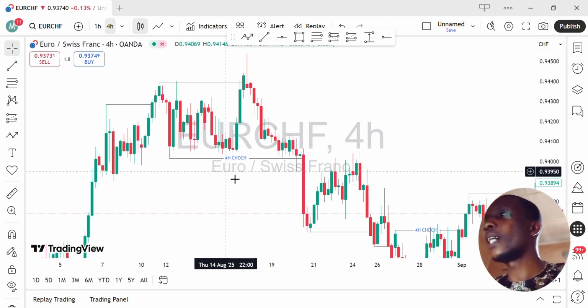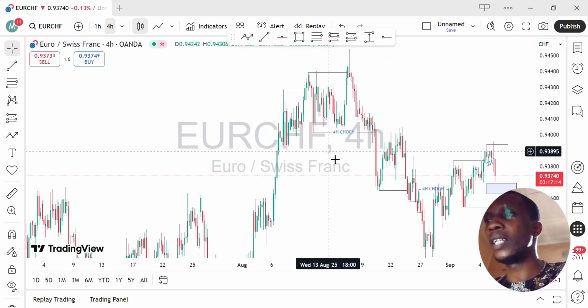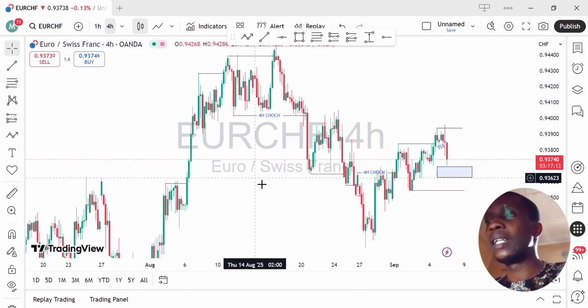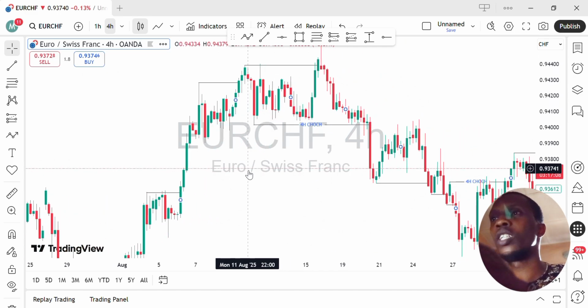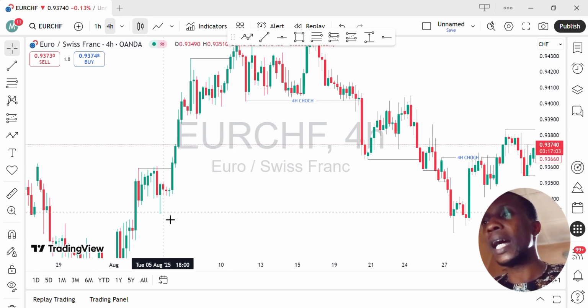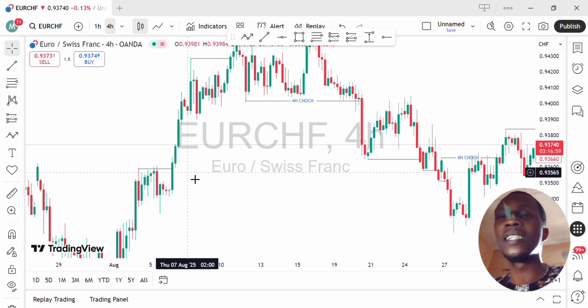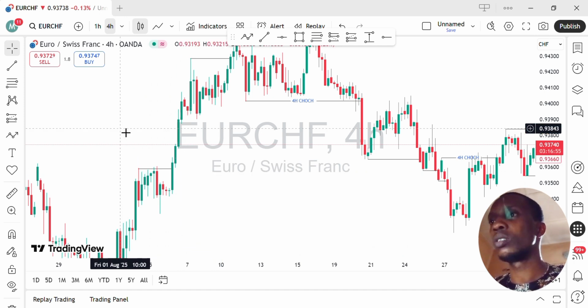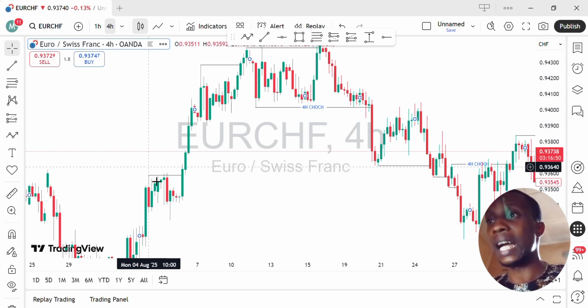Right here we have a valid break of structure. Like I've said, a break of structure is valid when price action pulls back, breaks the recent high, and closes with a body. Looking at this immediate one right here, this was the last high that price created before pulling back.